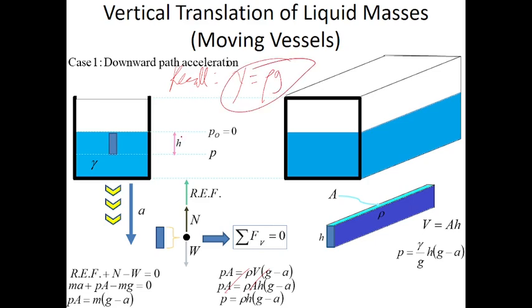I derived that in the first part, before midterm. Therefore, the density is gamma over g, specific weight over acceleration due to gravity. That is the density, times h, g minus a.